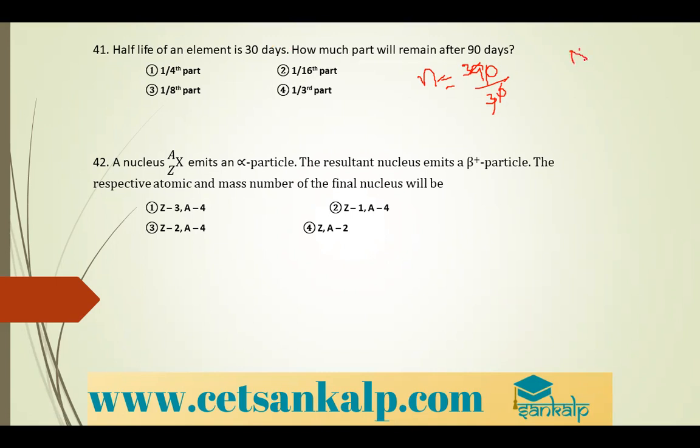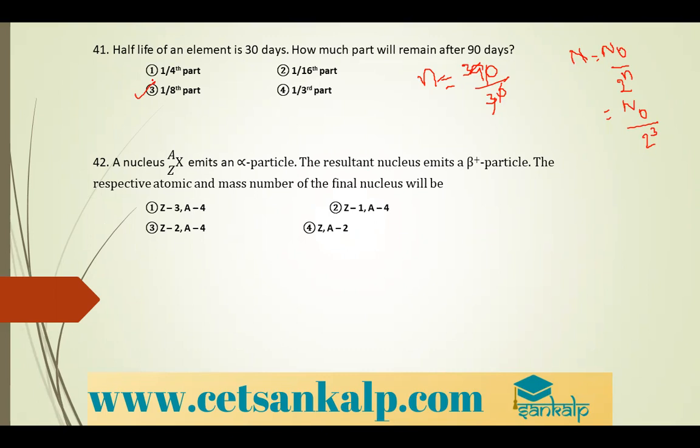Now N is equal to N naught by 2 to the power n, so N naught by 2 to the power 3. 2 to the 4, 4 to the 8. So it is 1 by 8 part. Okay.